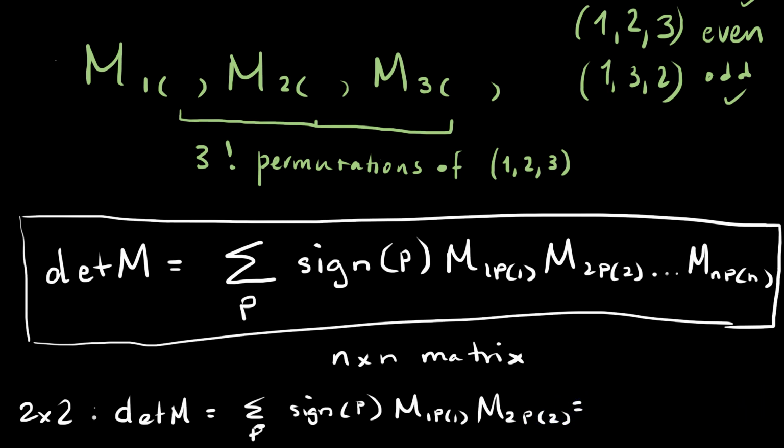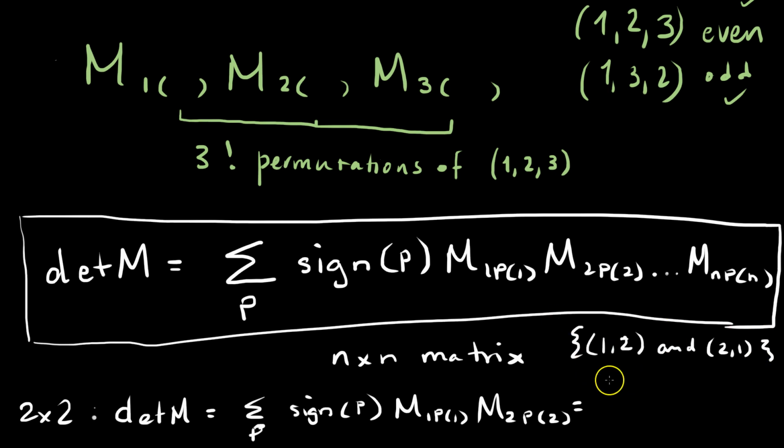Okay, so what are all the permutations we can have for a 2 by 2 case? Well, remember from the theorem in probability theory, we're going to have n factorial permutations. 2 factorial is nothing more than 2. So basically our permutations are 1, 2, and 2, 1. I mean, anybody could have thought of that, right?